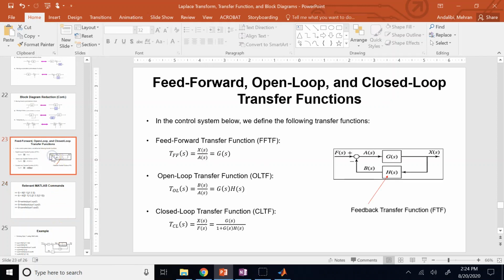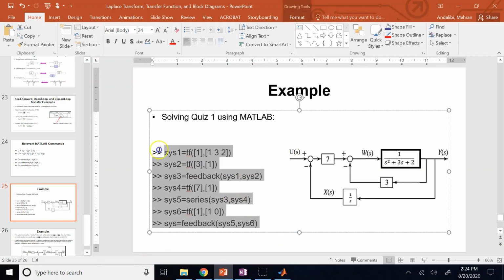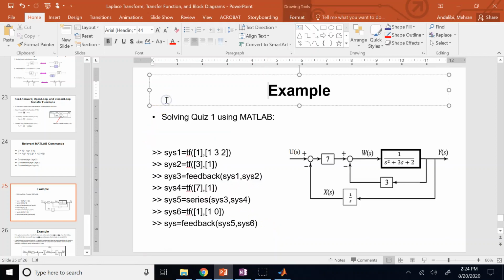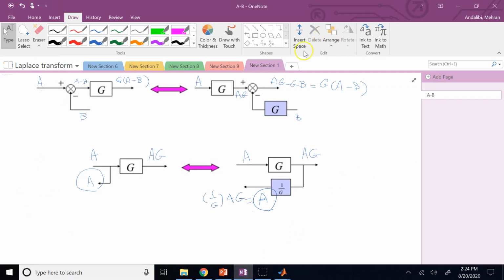So let's look at this example together. You can see I have added the relevant commands for you, but I'll do it here. So how can I simplify this, on paper and then using Matlab's help?